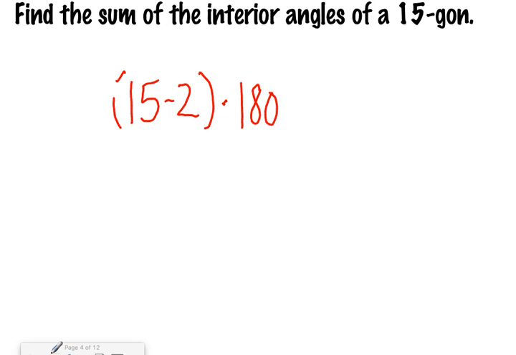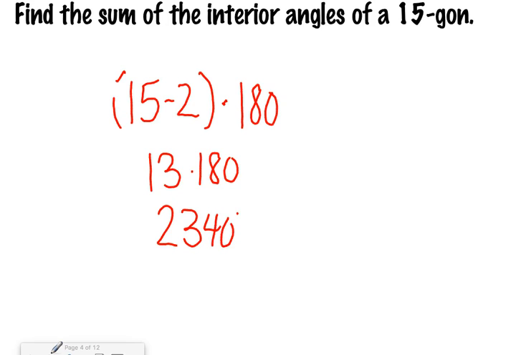So 15 minus 2 is 13. And then 13 times 180 is 2,340.